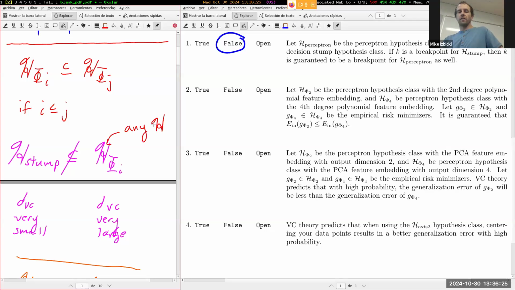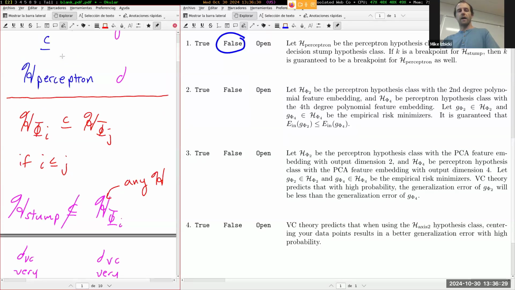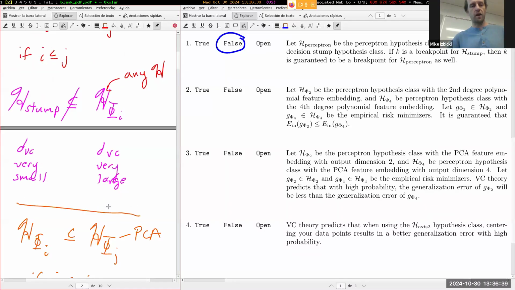But if the base class here matches the tail end of the class up here, then you can glue them together. One of the key things to realize is that the subset relationship implies the VC dimension, but the VC dimension does not imply the subset relationship.